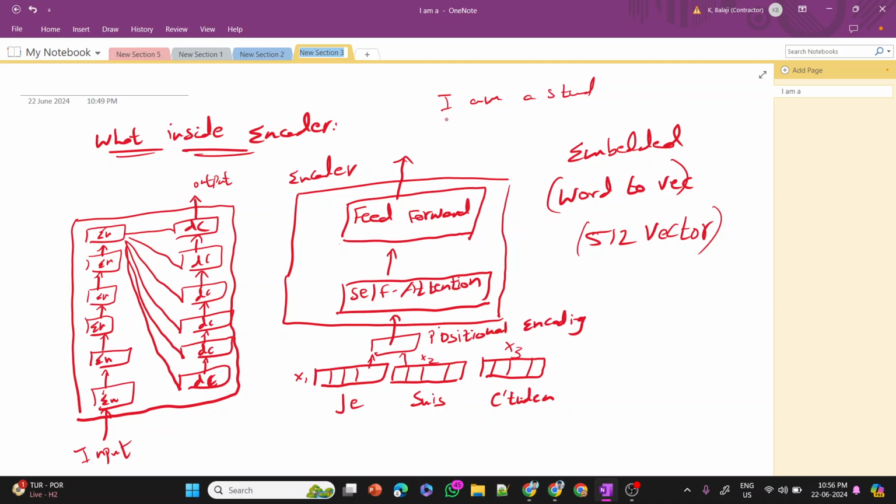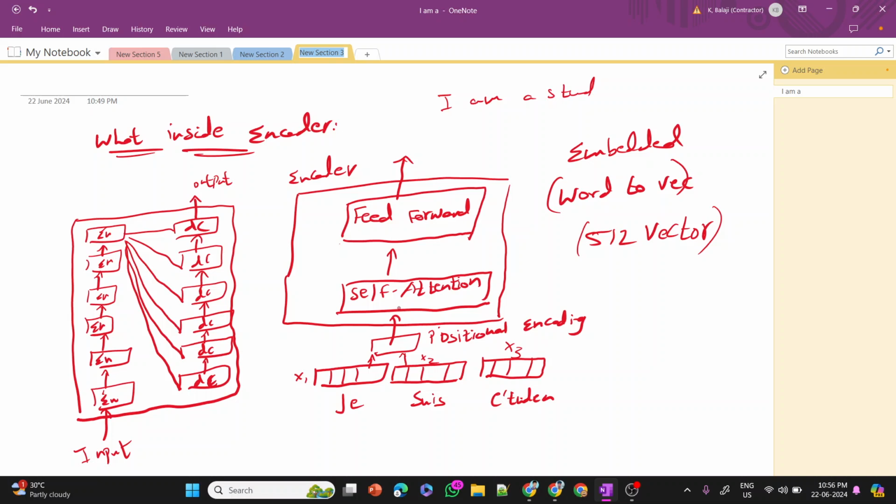So using position encoding, the model will understand where each word should be present in a sentence. After the words are converted into numerical vectors, they are given to position encoding. The position encoding will memorize the position of each word, and then it is given to the first encoder.